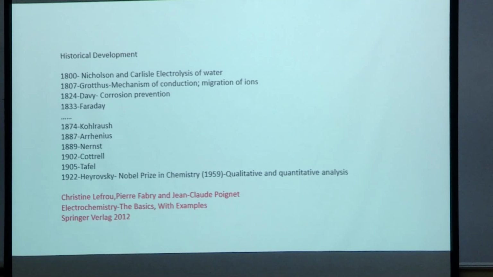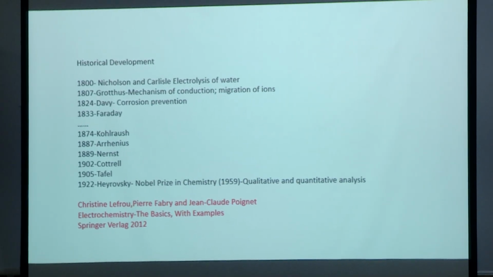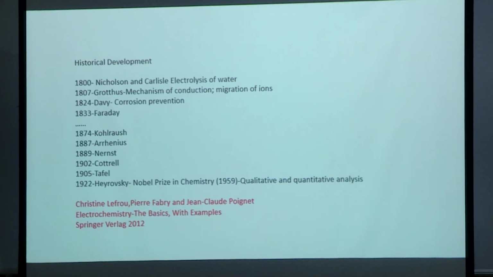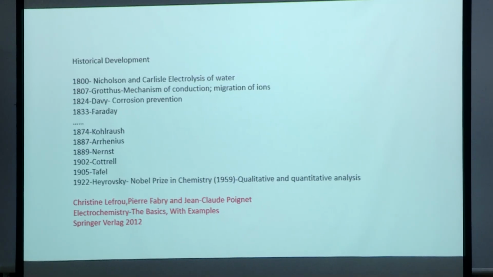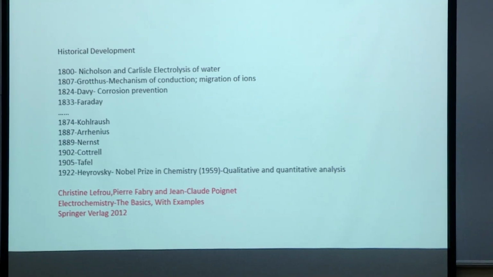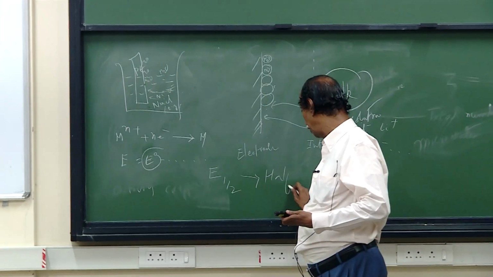Then Heyrovsky said that no, it is not like that. If you take a mercury electrode, which he called a dropping mercury electrode, and carry out a reaction, which he called polarography, then for every ion there is a characteristic potential called the half-wave potential, E half, which is related to E naught. This is called the half-wave potential.